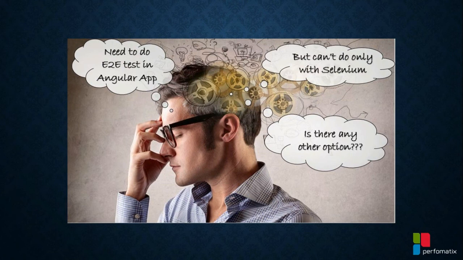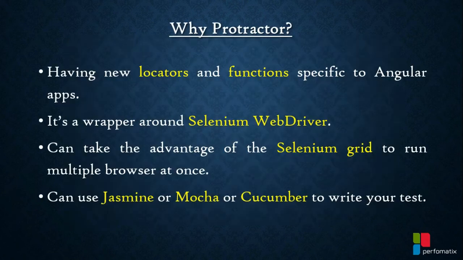But when I tried to explore an Angular application using Selenium, I faced a lot of issues in finding its elements. So I looked for an alternative way to specifically find the elements in Angular applications in order to automate the process. That's how I found Protractor.